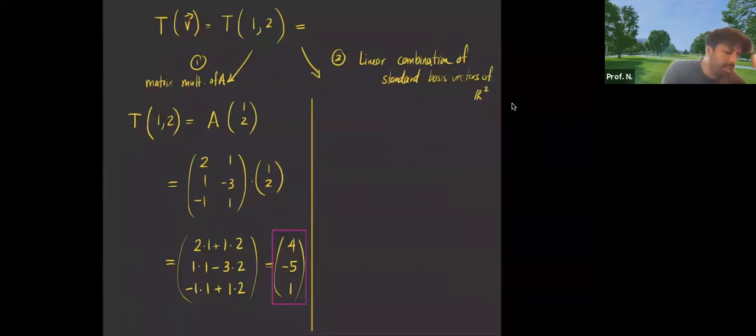Now, how do I deal with this as if it were a linear combination of the standard basis vectors? So again, v is (1, 2). Now, how can I rewrite this as a linear combination of E1 and E2? Does everyone understand what I just asked?